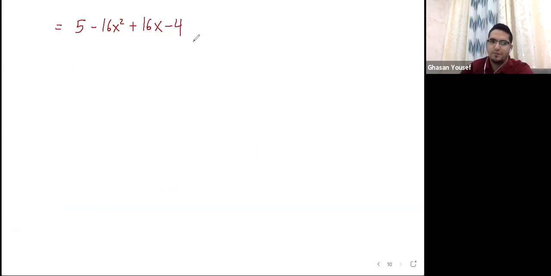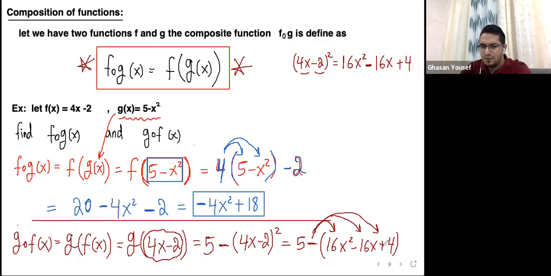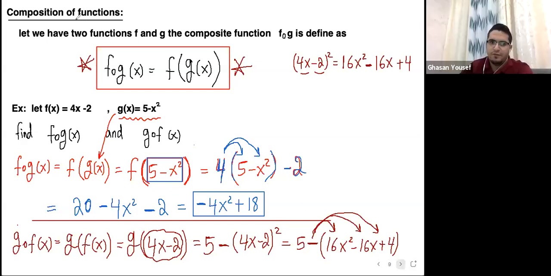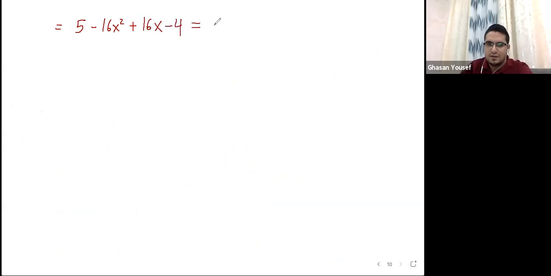Correct. Thank you, Mark, Eric. Now let's simplify this. Because we have negative, it will be negative 4. So I will get minus 16x squared plus 16x. Here I have minus 4 plus 5.